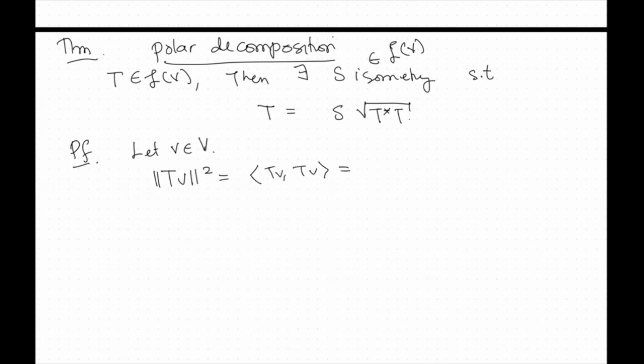Because T star T is positive, we can express it here, and this can be written as the square root of T star T applied twice to v.